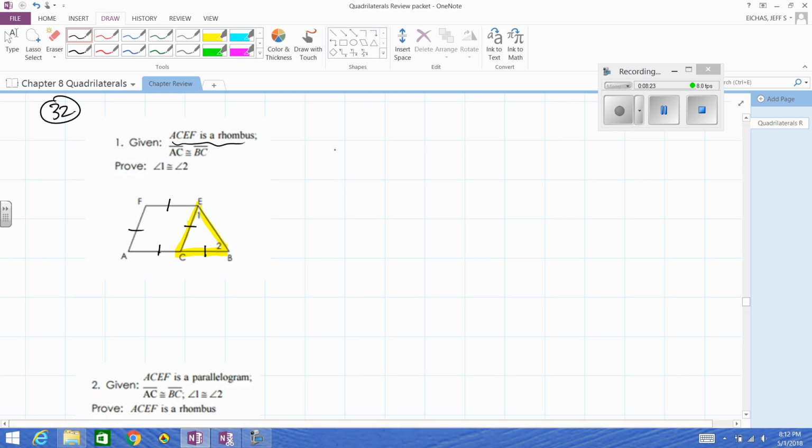Let's see. I'm going to start with AC congruent to BC because it's given. Okay. Second thing, ACEF is a rhombus, also because it is given.